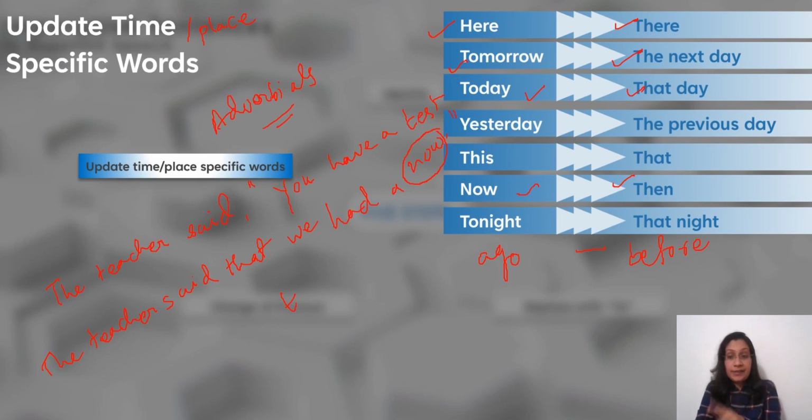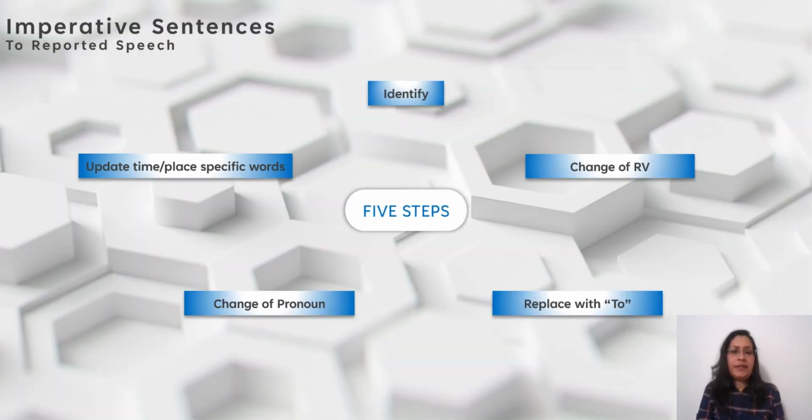Have a test, which is present perfect, changes into past perfect: we had a test. Now changes to then. Right? So this is how it changes. So you need to update the time and place specific words as well. The next step is to sum up these various things.